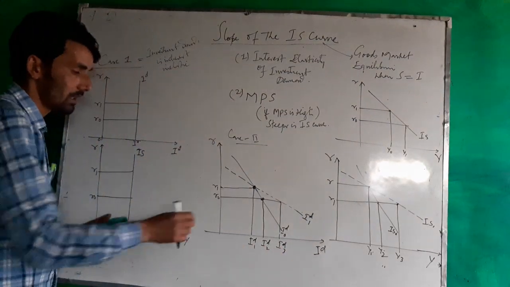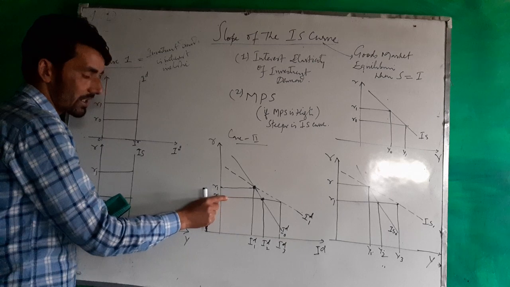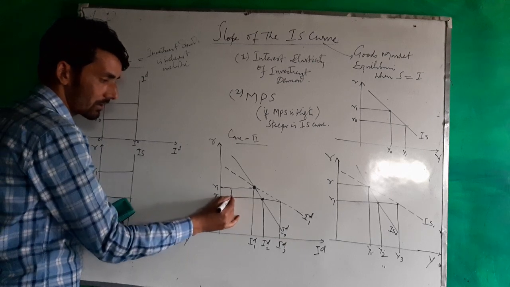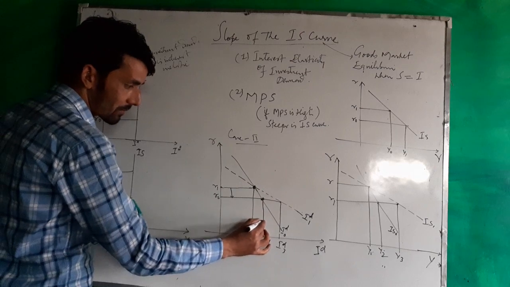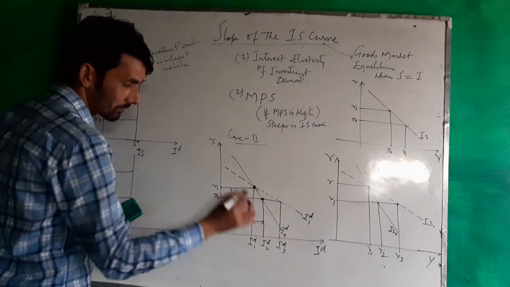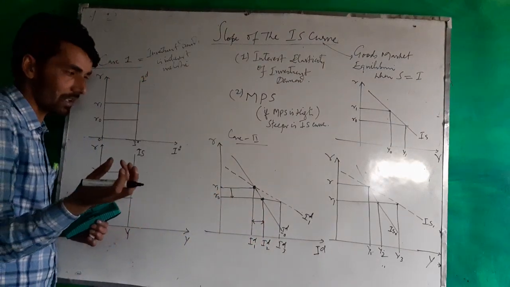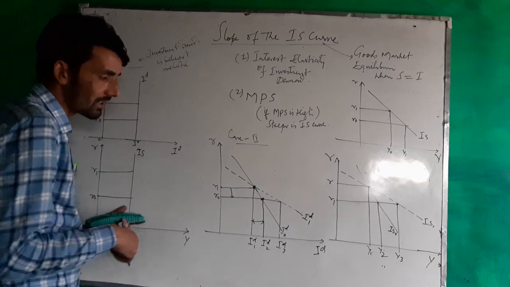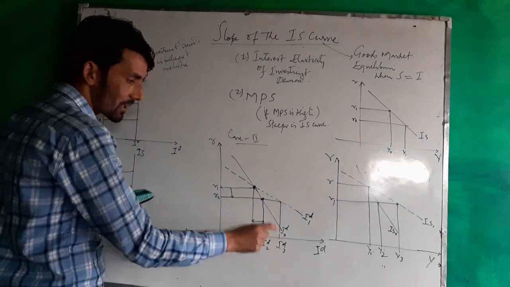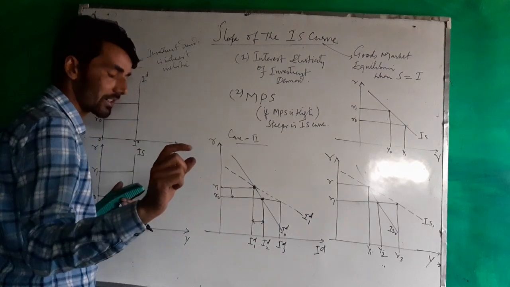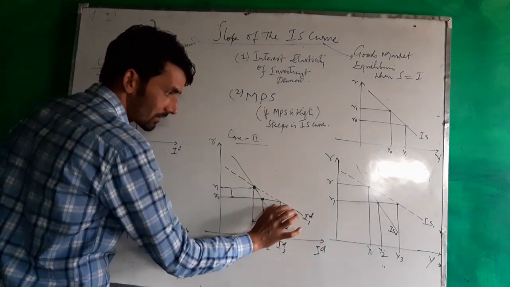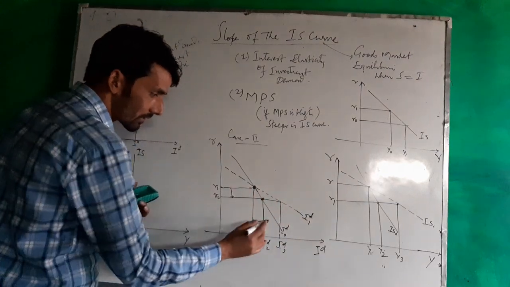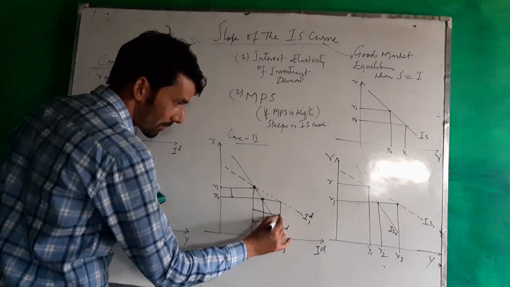If the rate of interest changes by this much on this curve, then there will be a small change in investment demand. And if investment demand is more sensitive to the rate of interest, then the investment demand curve will be flat, and there will be a big change in investment demand.